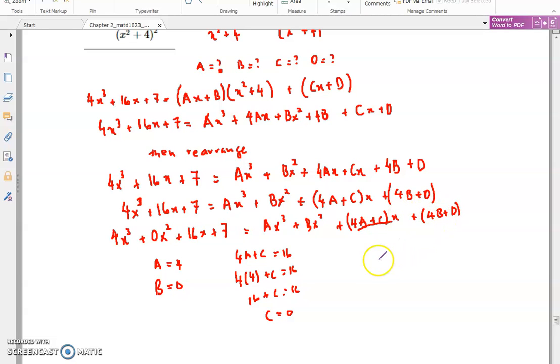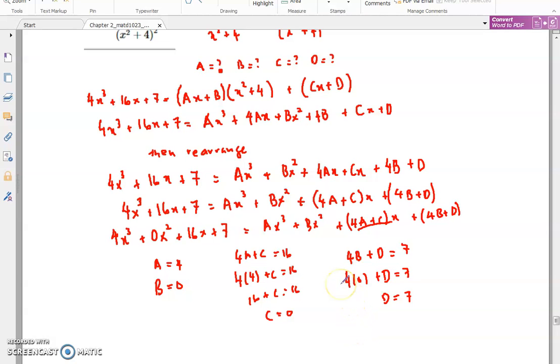The last part is 4b plus d equals 7. Since b is 0, 4 times 0 plus d equals 7, so d equals 7.